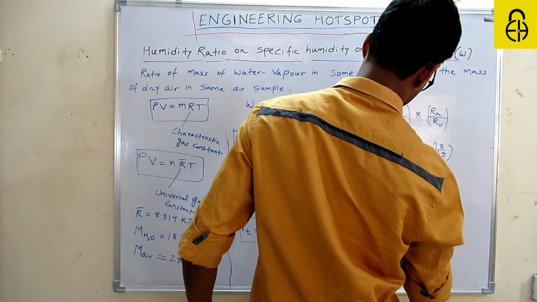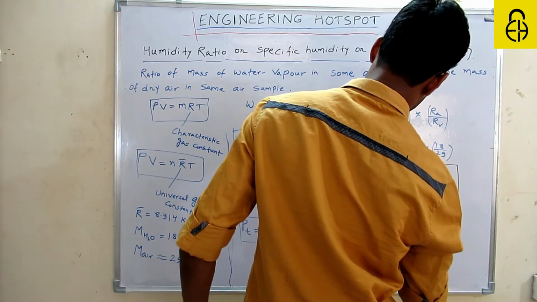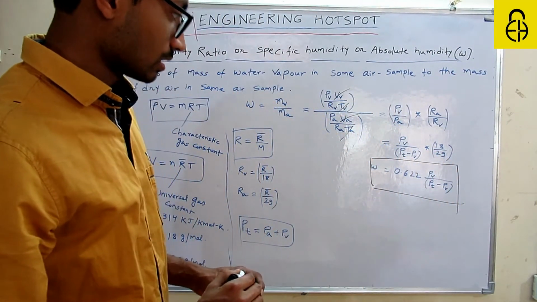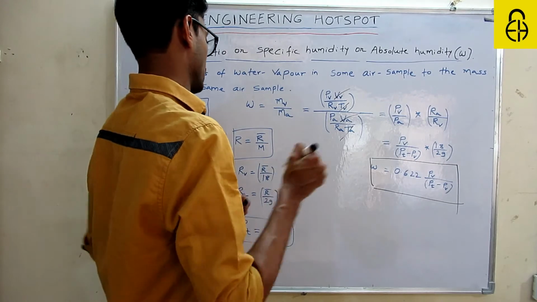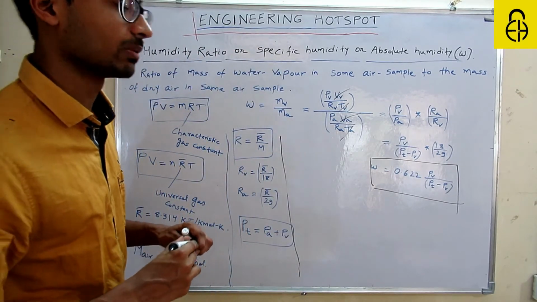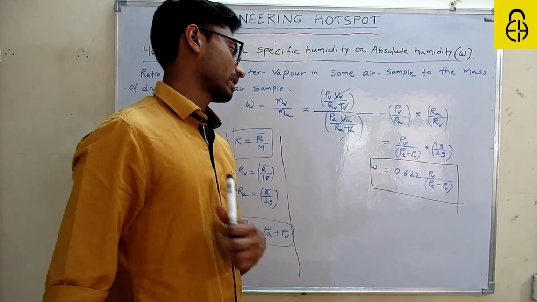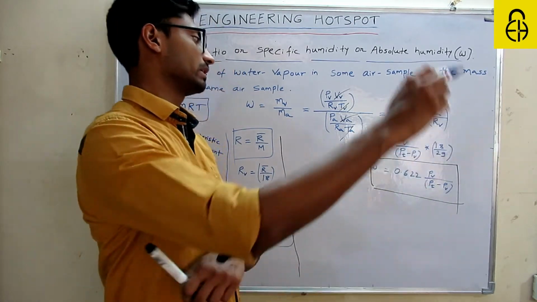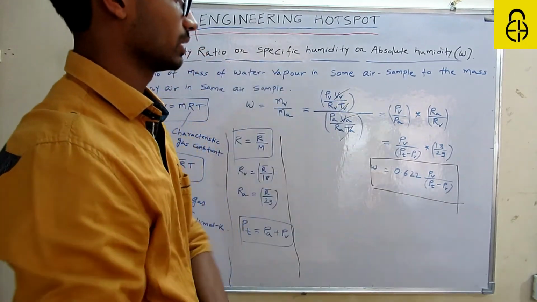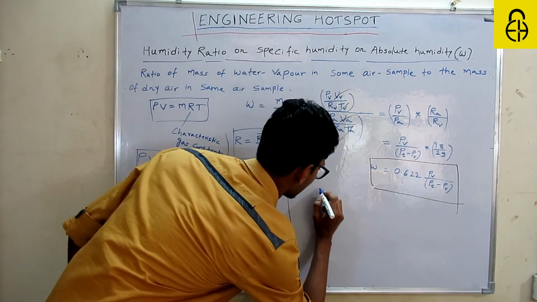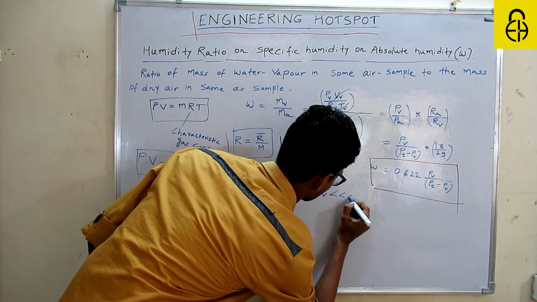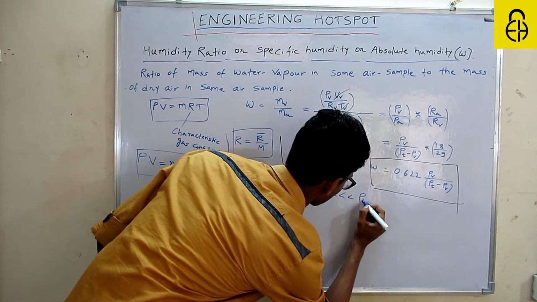So I'm enclosing this value in a black box. Now, this is what the derivation says. But there is one more thing. In some of the exams, they might ask you to show the linear variation of omega with PV. What happens if PV is very small compared to PT, the total pressure?